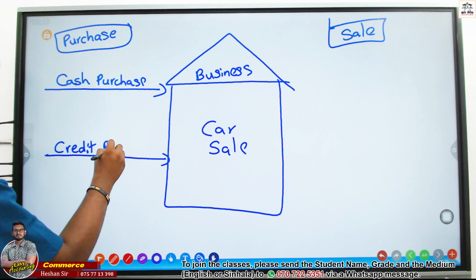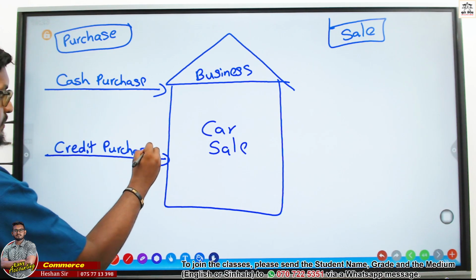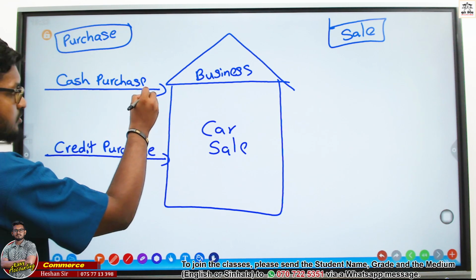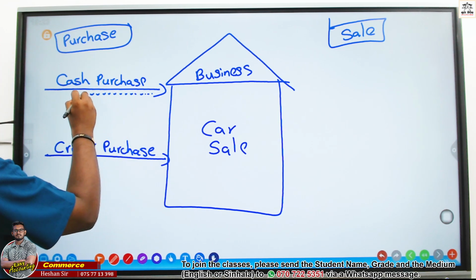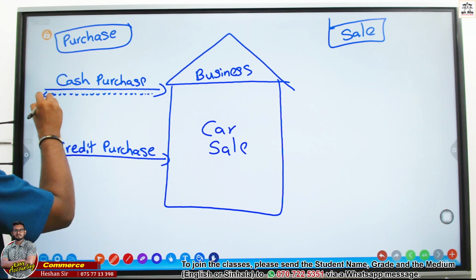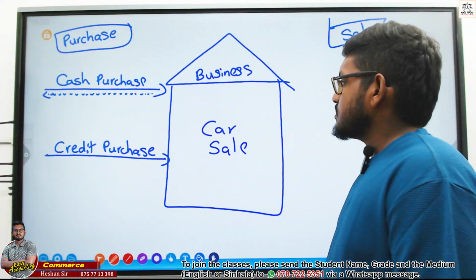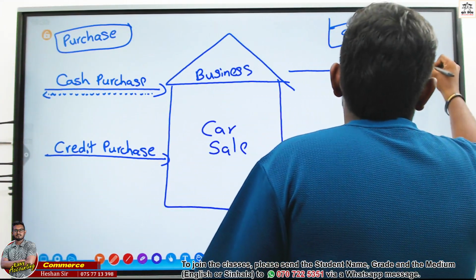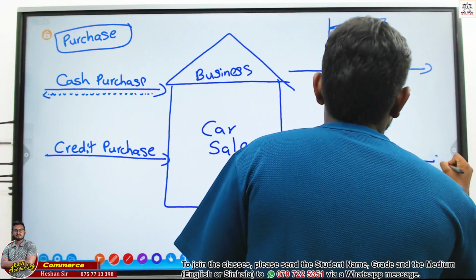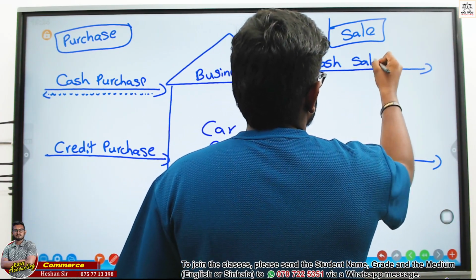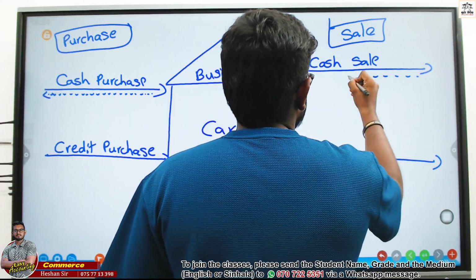When we purchase and at the same time we pay money, it is a cash purchase. Sale also we can divide into two. Cash sales means we sell the goods and collect the cash at the same time.